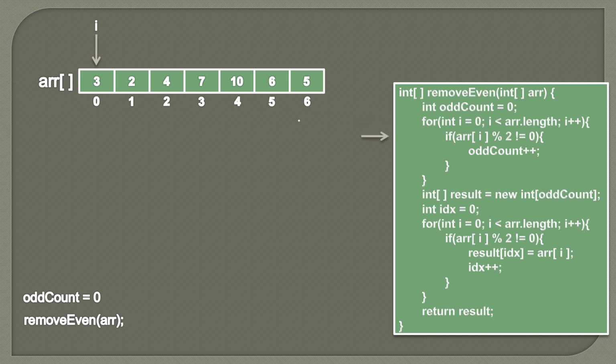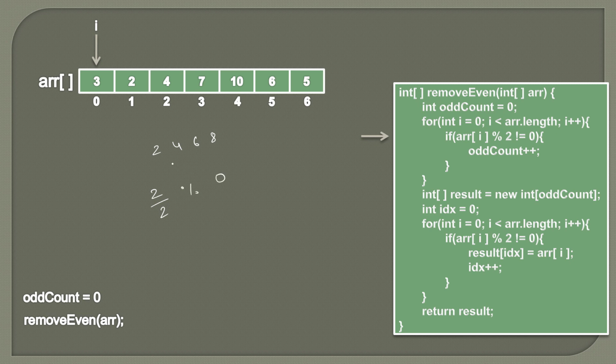So friends, how can we find the odd integers inside this array? We can take the value at any particular index. If we divide it by 2 and the remainder is not equal to 0, it means it's an odd element. We know that even integers are 2, 4, 6, 8, where if we divide the element by 2, let's say 2 divided by 2, we get the remainder as 0.